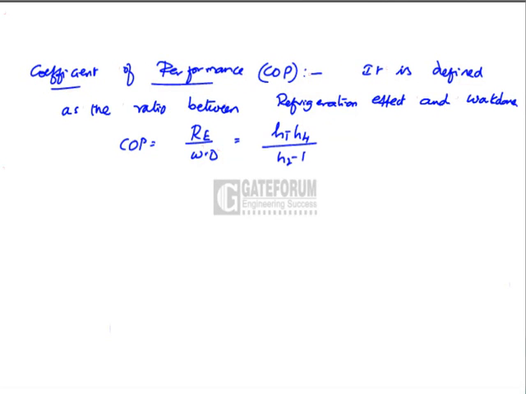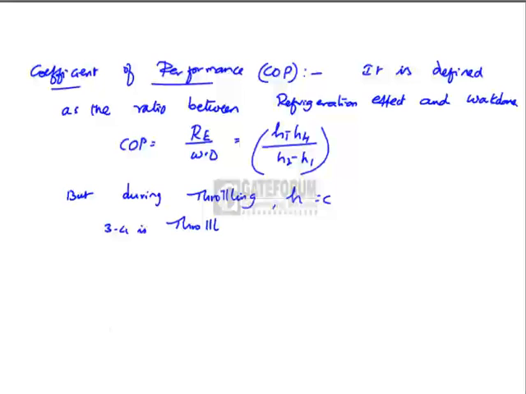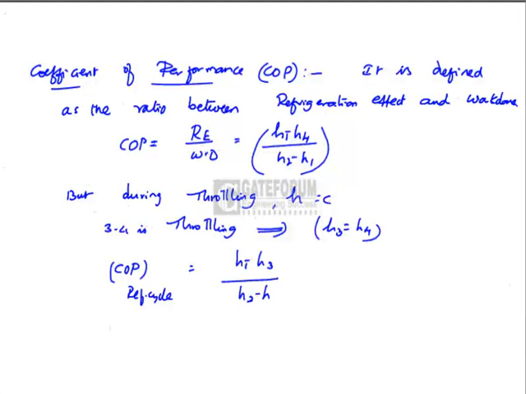H1 minus H4 divided by H2 minus H1. But during throttling, enthalpy remains constant. 3 to 4 is throttling, implies H3 is H4. Therefore, COP of refrigerating cycle is H1 minus H3 divided by H2 minus H1.